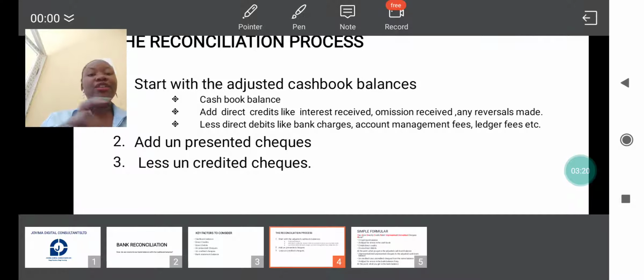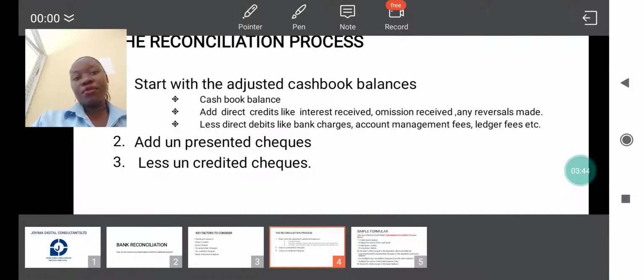So I can't easily estimate it and put it there. It has to first happen and then be recorded. Therefore, I may receive this money in the bank but not have it recorded in my cash book, because I don't know how much this money is. So such direct credits are supposed to be added back to our cash book balance.